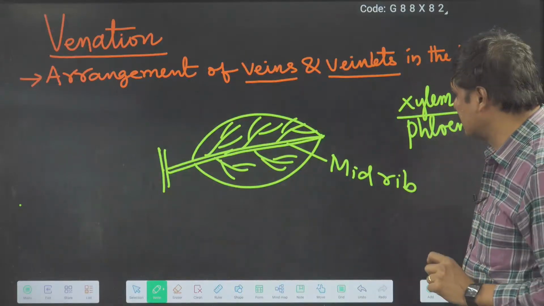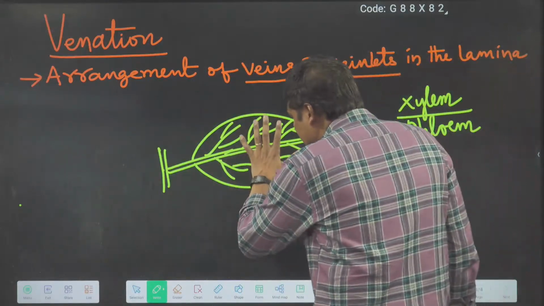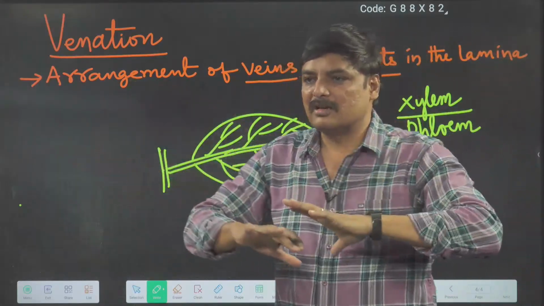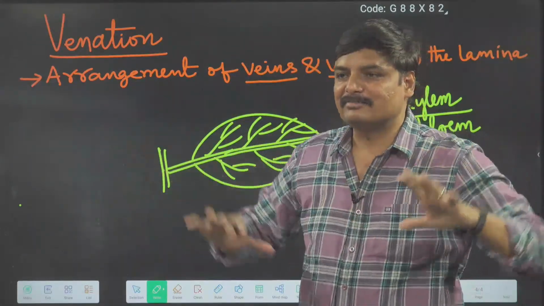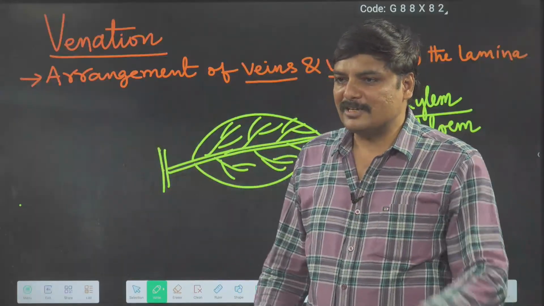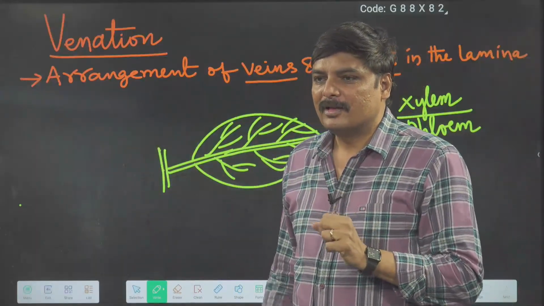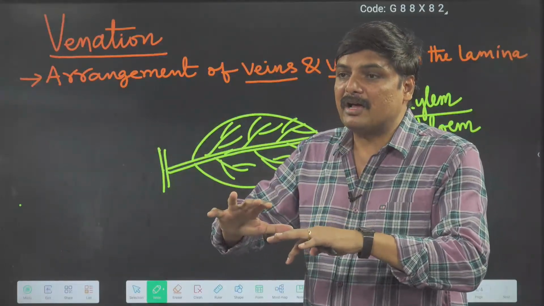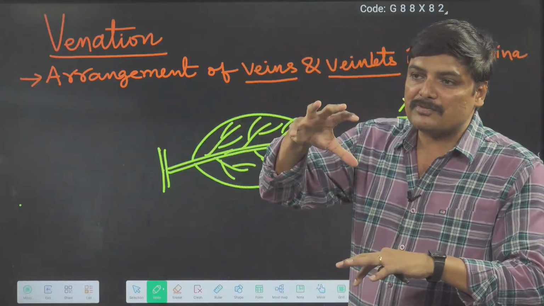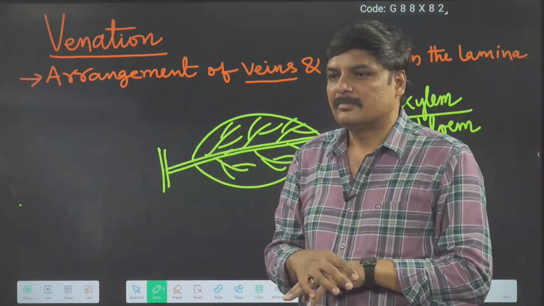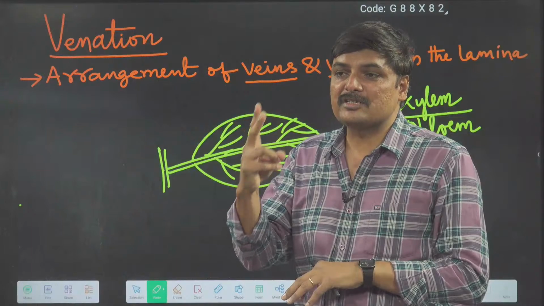Second one is, these veins act as skeletal structures for the entire lamina. They give support to the lamina. Understand, all of you? Because of the arrangement of these veins in the lamina, they provide some sort of skeletal support to the lamina. So these are the two functions of the veins.